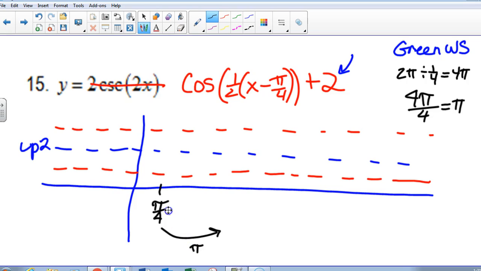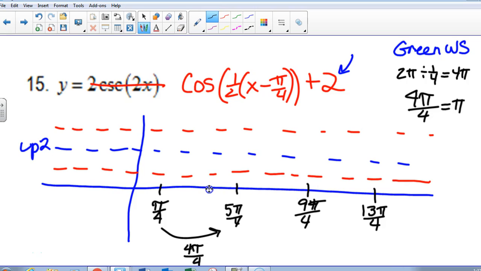Starting at pi over 4, the next point we need to label will be at 5 pi over 4. If we add pi more, we'll be at 9 pi over 4. Then 13 pi over 4, and that's the 5 we need, because there's actually 4 intervals, with 1 on either end making 5.